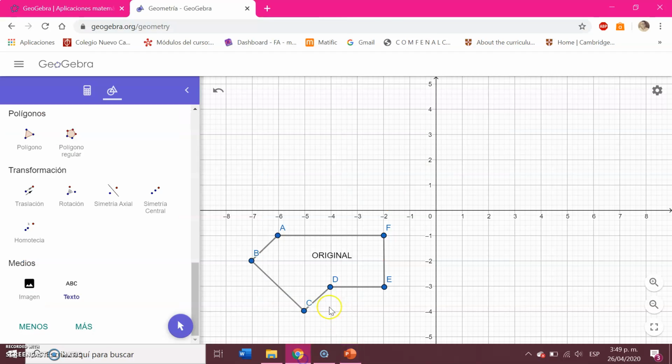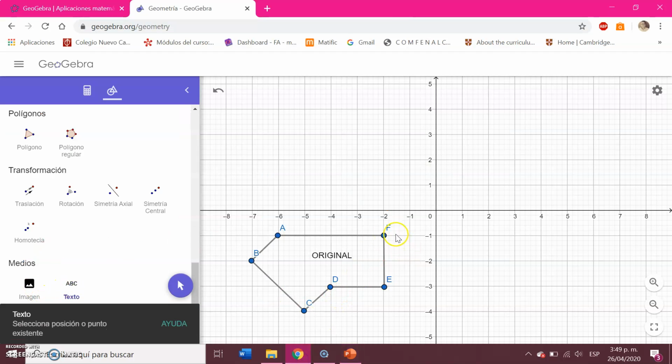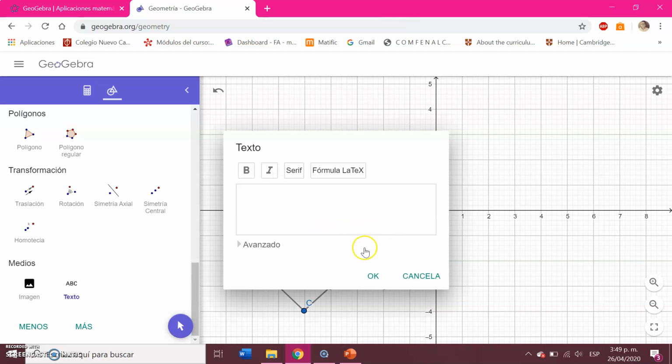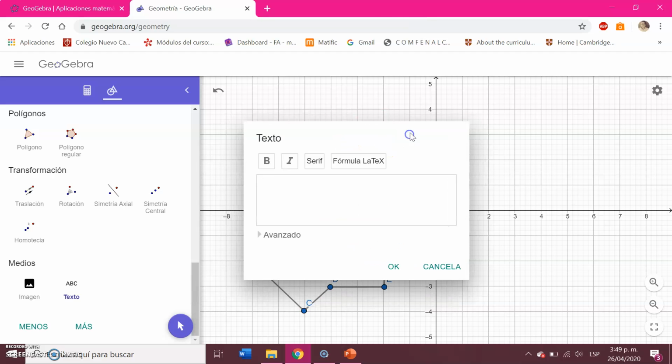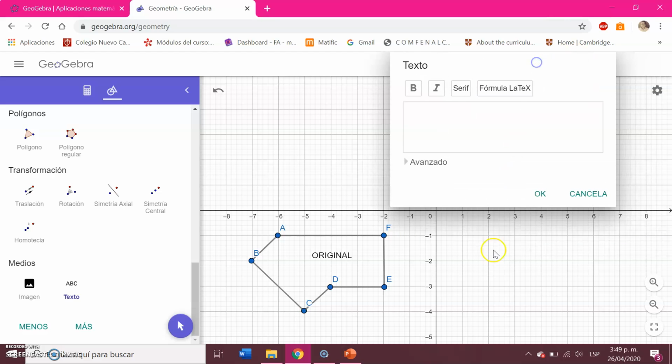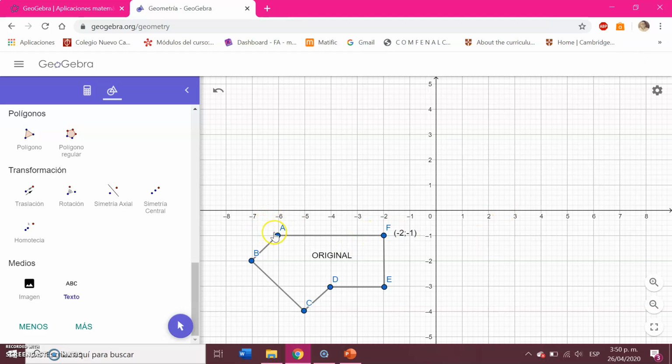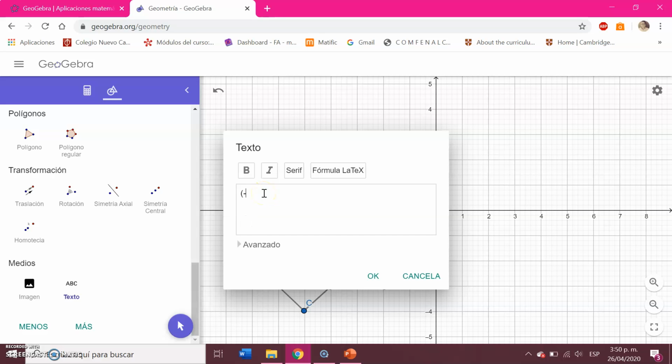Let me do it. So first I need to have here the ordered pairs for each vertex. The vertex F is in (-2, -1). A is in (-6, -1).